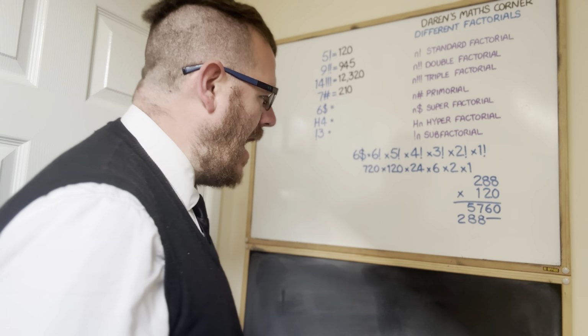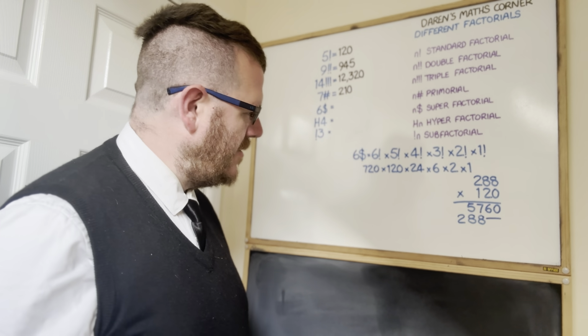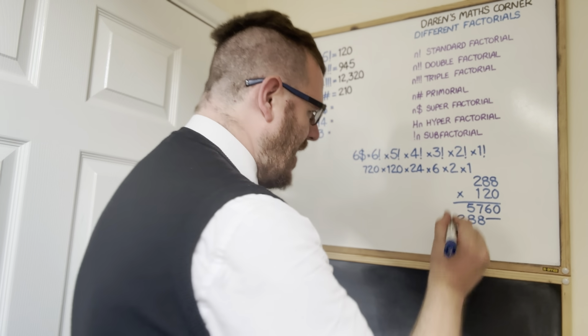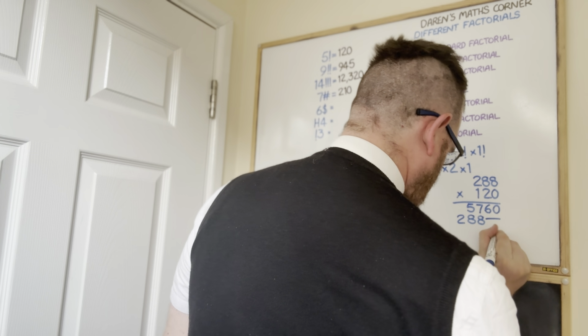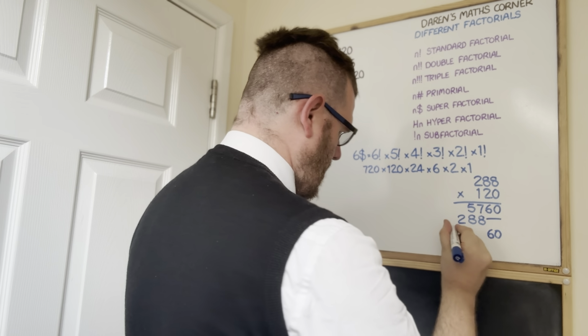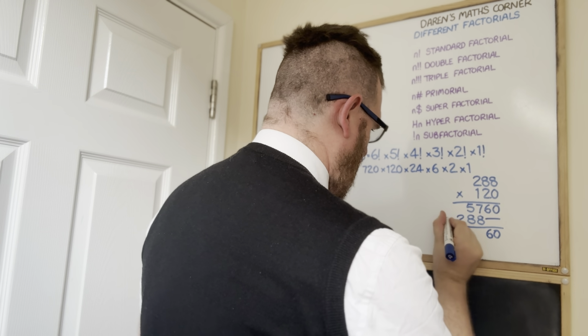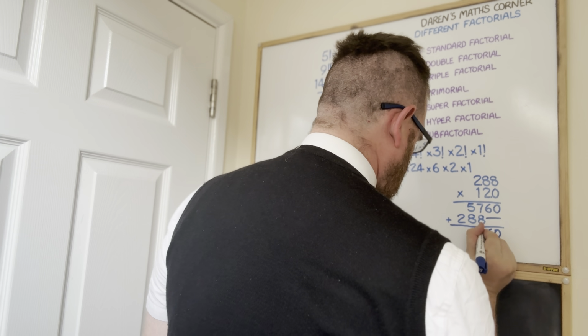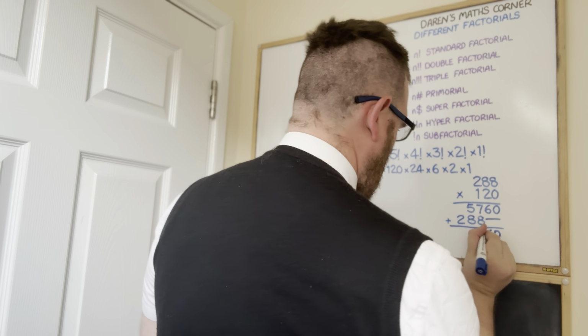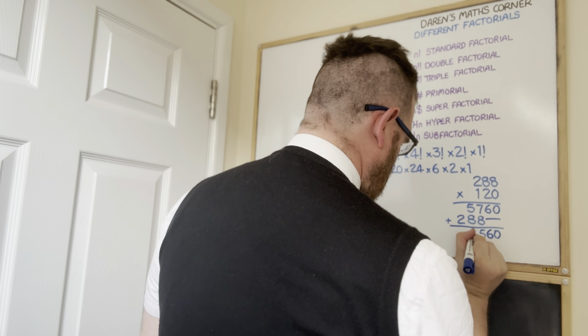Now I've got to be careful with this one. So that's always going to be 60. And add them straight down. So 8 plus 7 is 15, add 1.